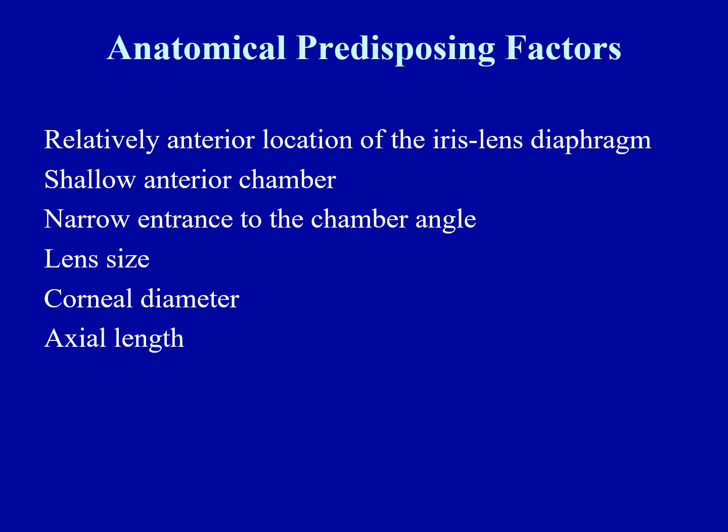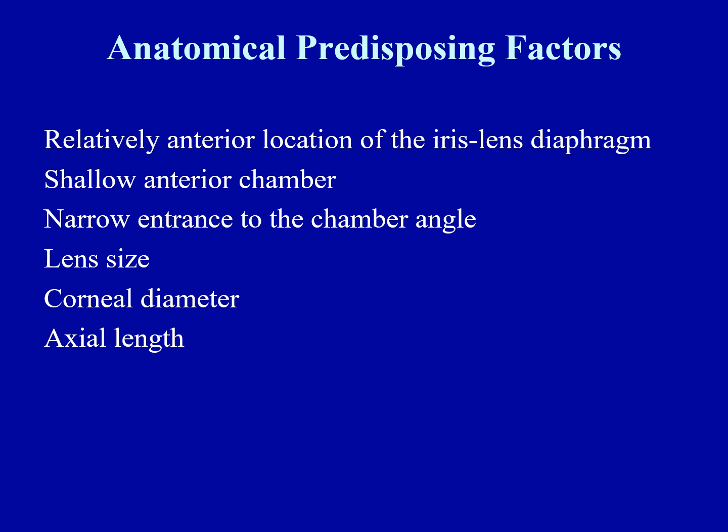Shallow anterior chamber and narrow entrance to the chamber angle. And another is the lens size. The bigger the lens, as when it imbibes water in diabetic cataract and becomes bigger, it pushes the iris forward and can contribute to narrow angle glaucoma.